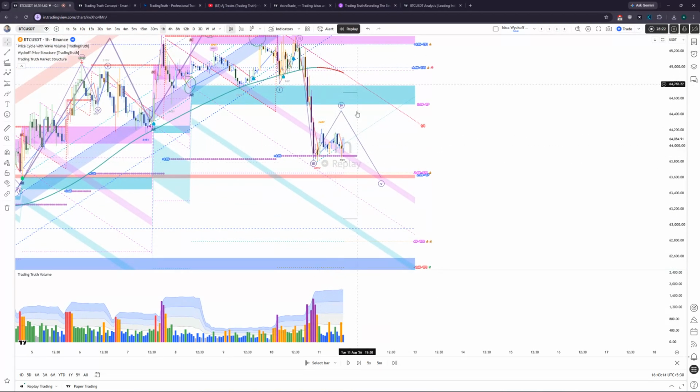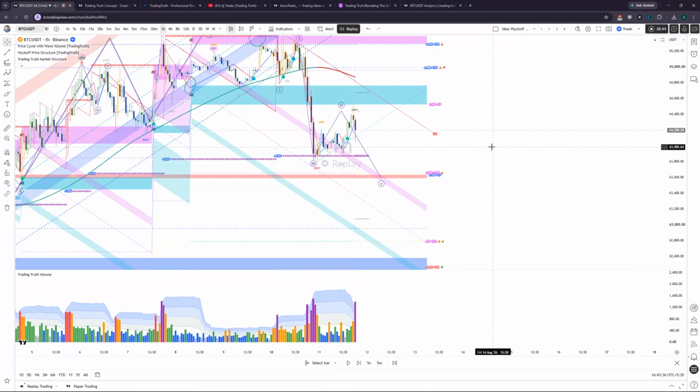Yes, ABC, the wave should be completed. And you can see volume is also decreasing. Right, there we go. See, very high volume, purple color. So I can take a short trade there.